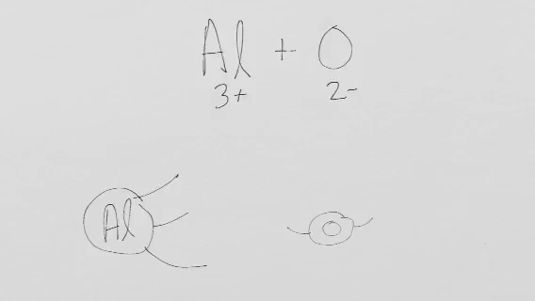The first number we get to is 6, right? That's the first common factor. So what do I have to do to the 3 to get to 6? I need another 3 plus, correct? What do I have to do to my negative 2 to get to 6?